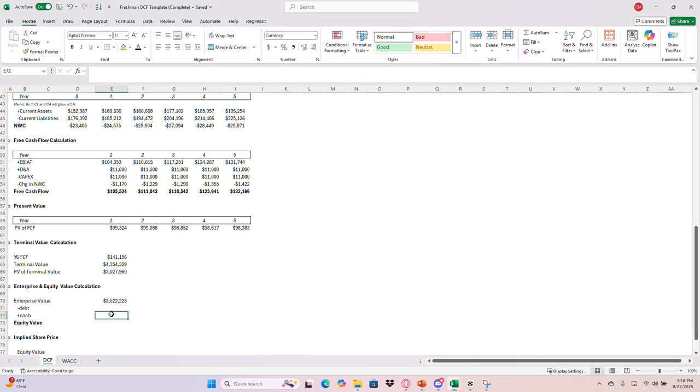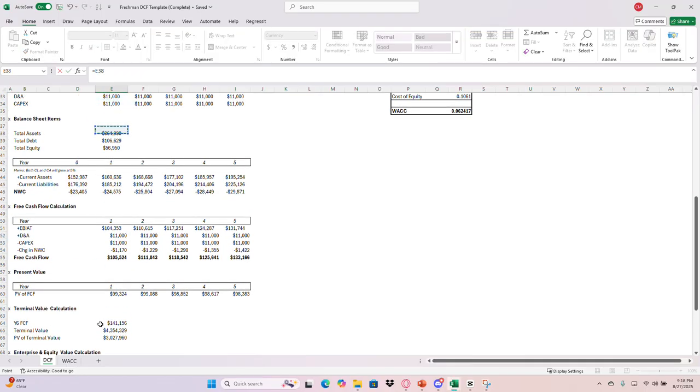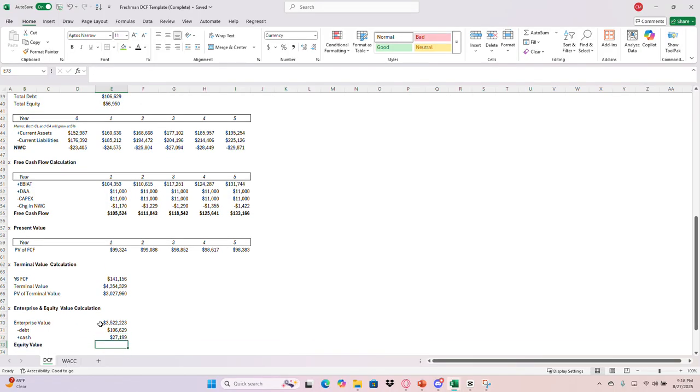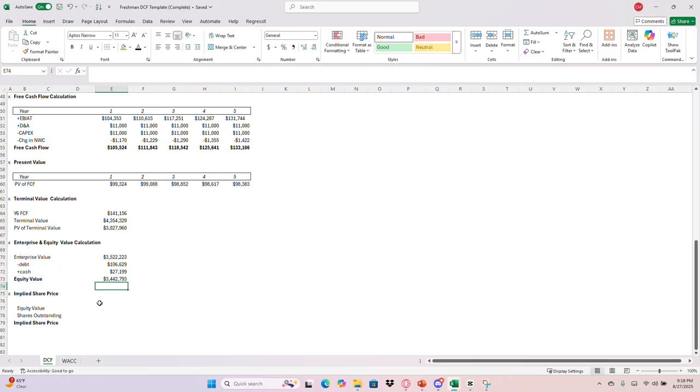So we're just going to put that in there, and we're also going to want to add our total debt, and that's then going to give us our equity value when we take our enterprise value, subtract debt, and add cash. And the last thing that we have to do is divide it by shares outstanding.